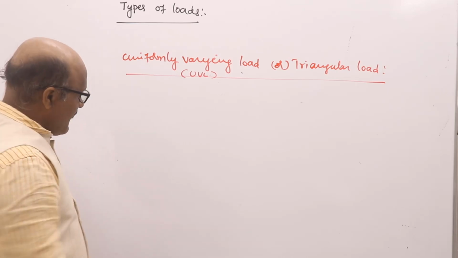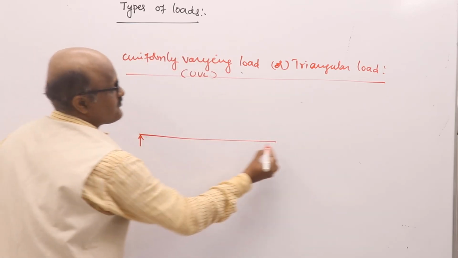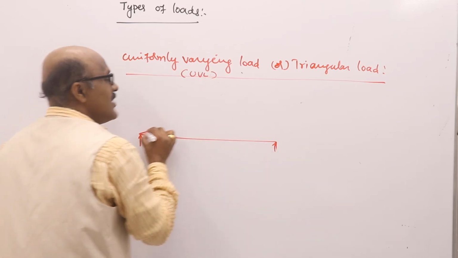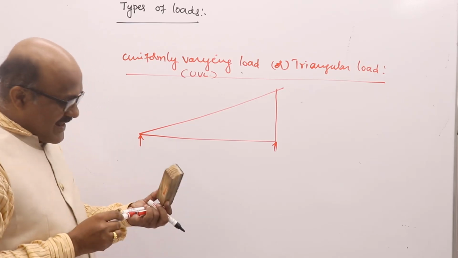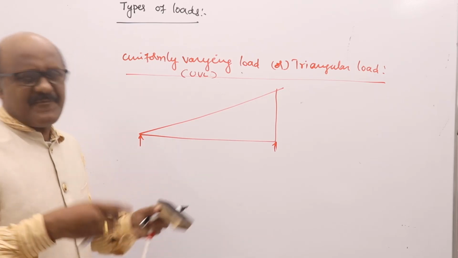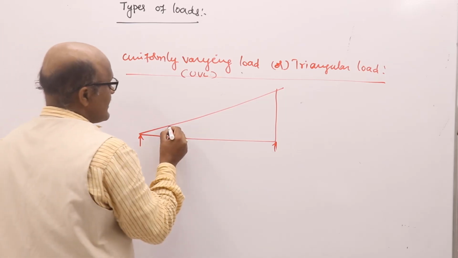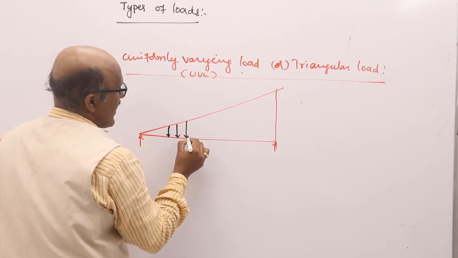Now all of you see, my dear students, it is a beam. The load varies uniformly over the entire length or part of the length, in a similar fashion to the UDL.